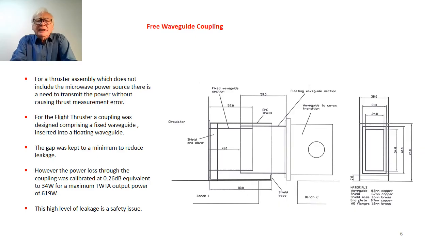The leakage that you get from this is quite significant, and you have to make sure that you keep your test personnel and any observers well clear of the waveguide coupling, and monitor the leakage through a field strength meter.